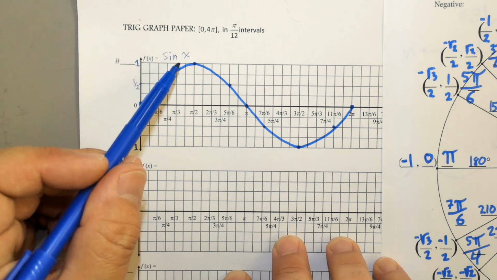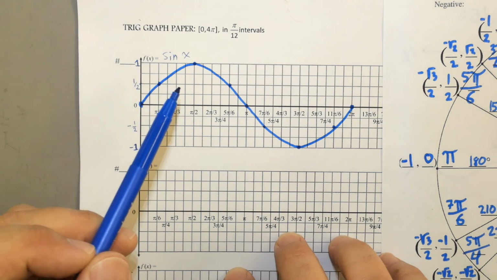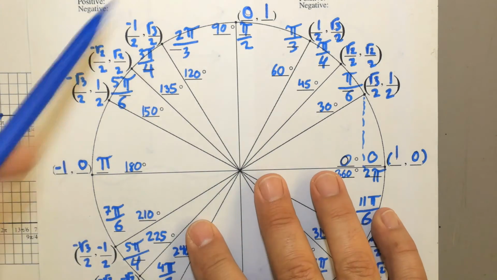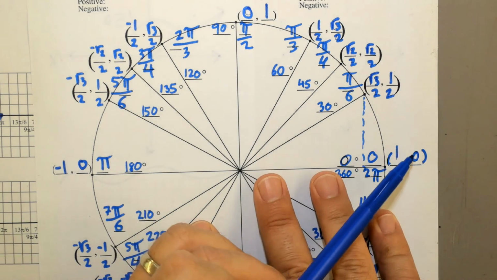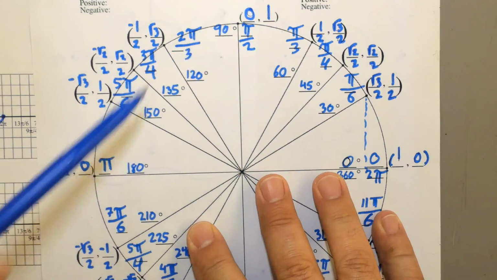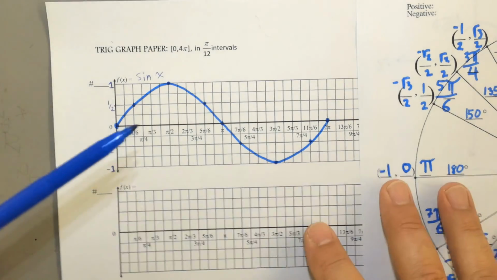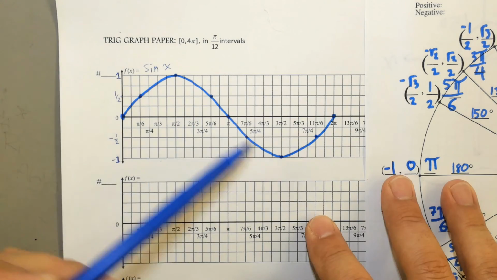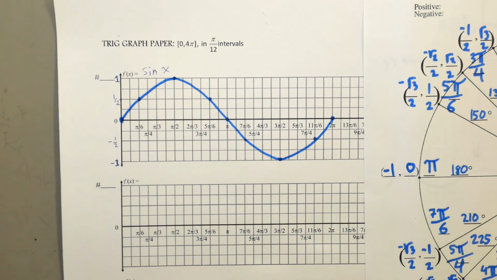F of x equals sine of x, using Desmos and again our unit circle. And in decimals, we are actually going to plot all of the points, not just the ones that are easy to graph by hand. And then we're going to see how this compares to the graph that we are going to do on decimals. Okay? All right.